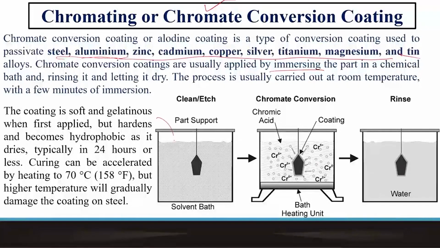This is where you charge, this is where you allow certain circulation, and this is where you withdraw. Then you dip inside water or some other fluid so that you can remove the excess chromium on it, and that needs to be removed.